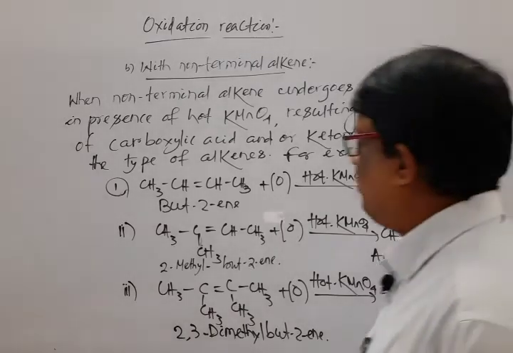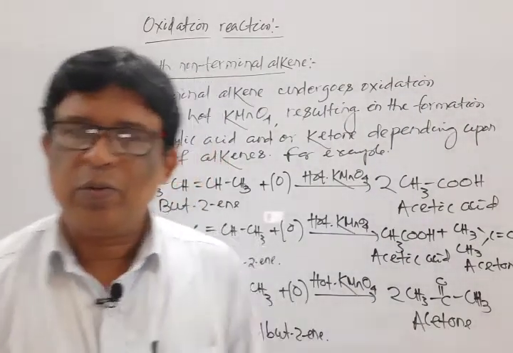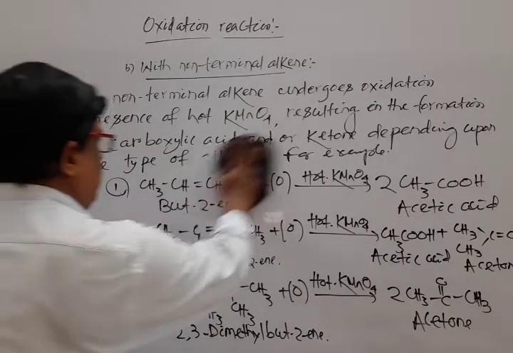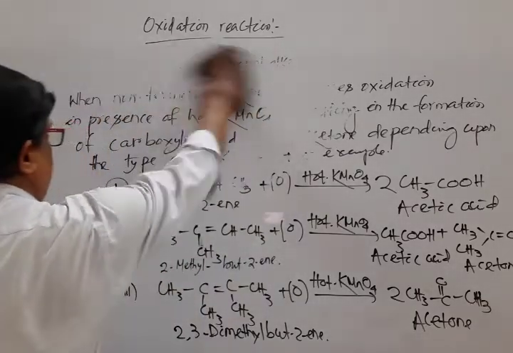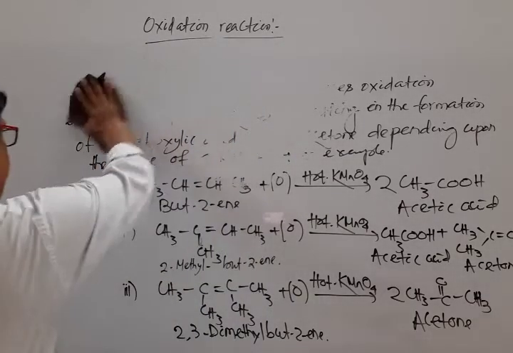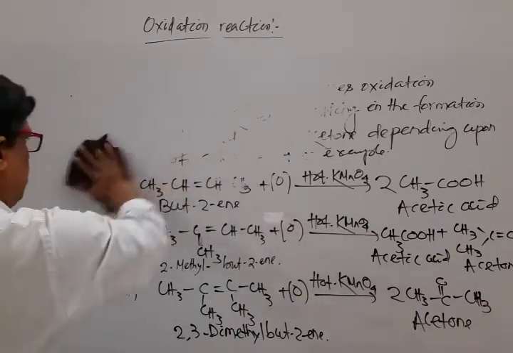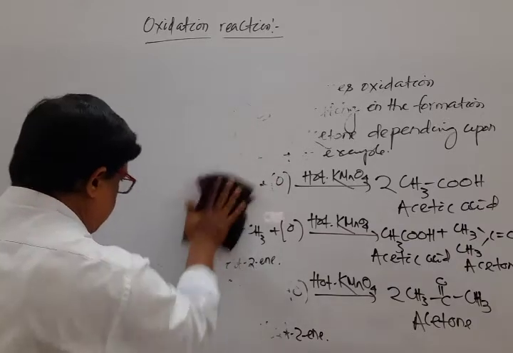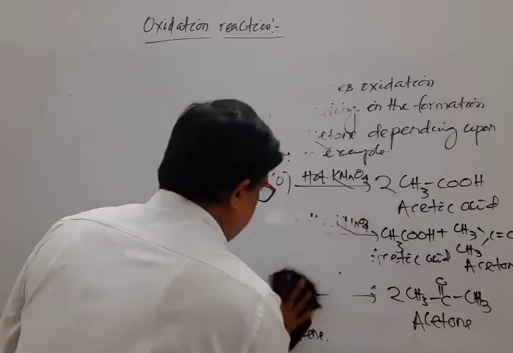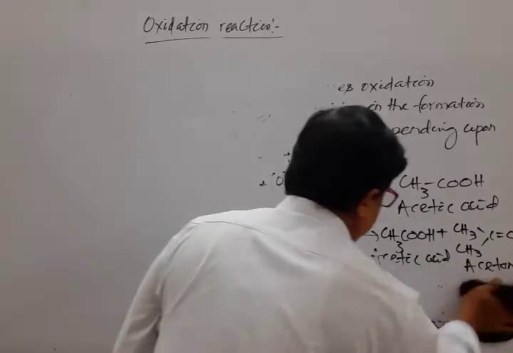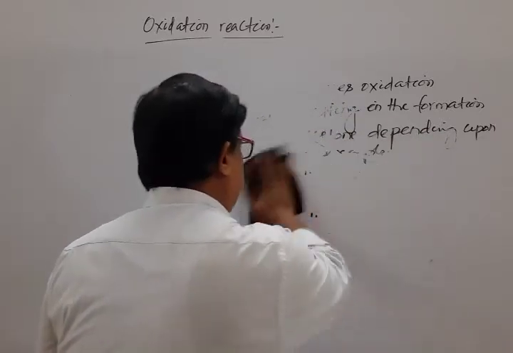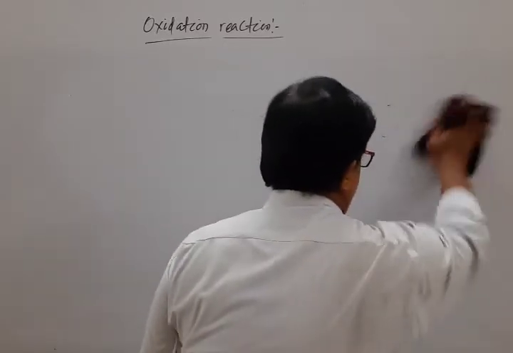Okay, next bit is oxidation with ozone. Next we discuss another point, that is oxidation with ozone, known as ozonolysis. It is one very, very important reaction which is used to detect the position of the multiple bond in the organic compound.